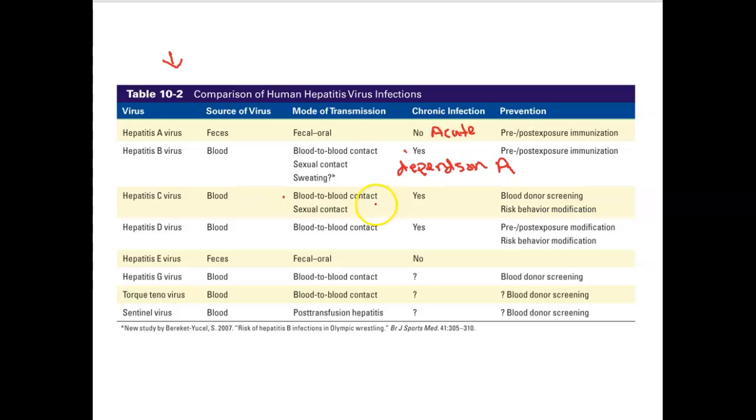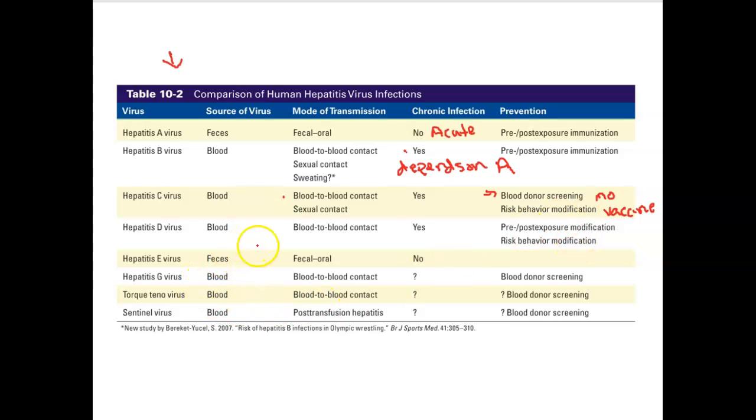But this can have a long incubation period, and before they started screening for this, in the early 90s, I think, this was spread through contaminated blood products. But now we screen for it. But there is no vaccine. They're working really hard, but there's no vaccine for hepatitis C right now.